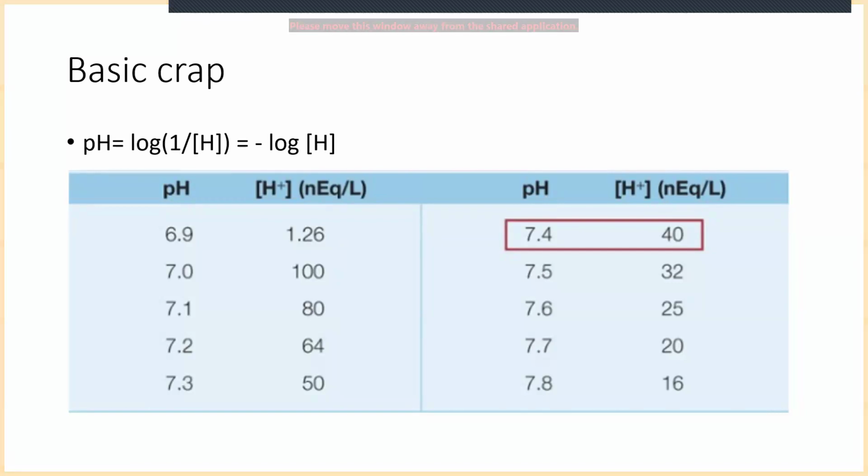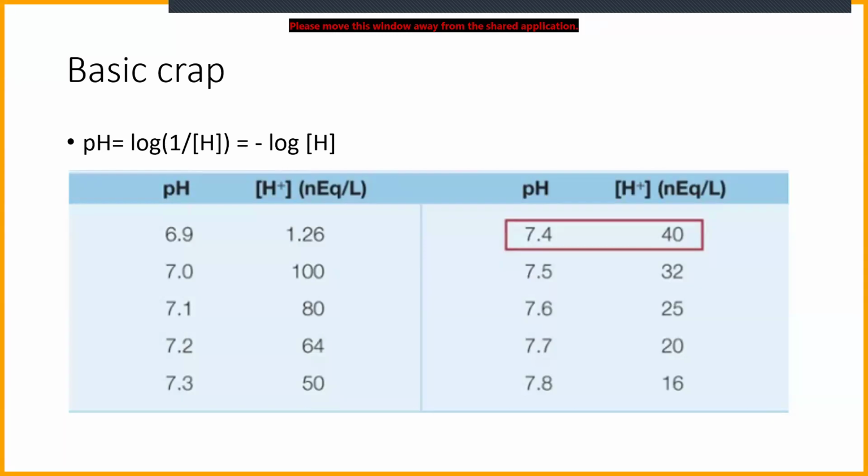One important thing that this means is that we need to have a very, very tight control over the equilibrium, because even small changes like 0.1 on the pH scale make a big, big difference, right? And the more acidic you get, the bigger the difference it makes in terms of hydrogen.